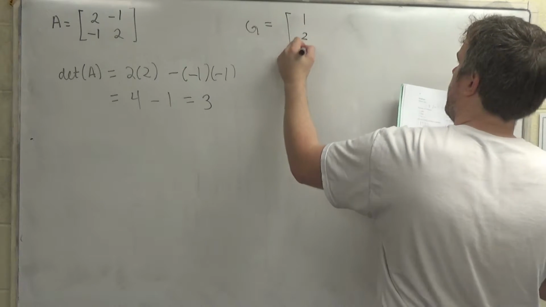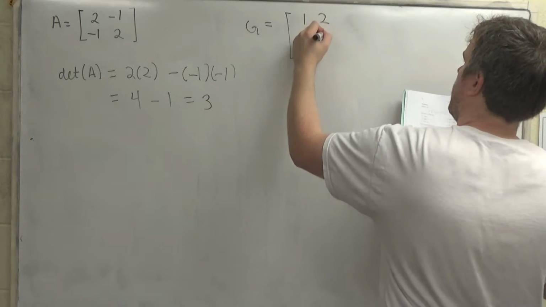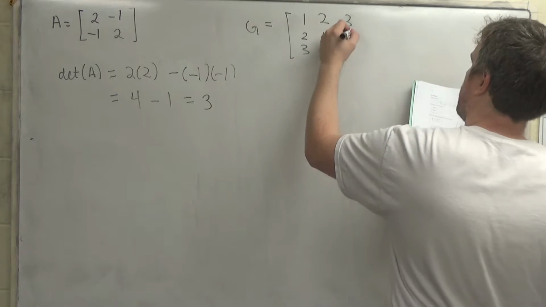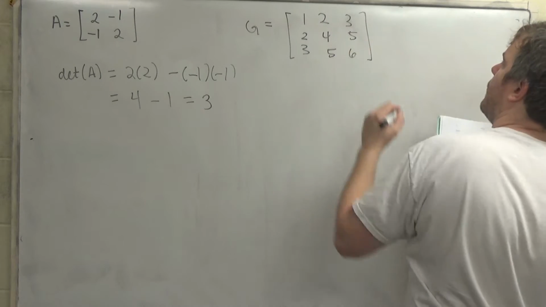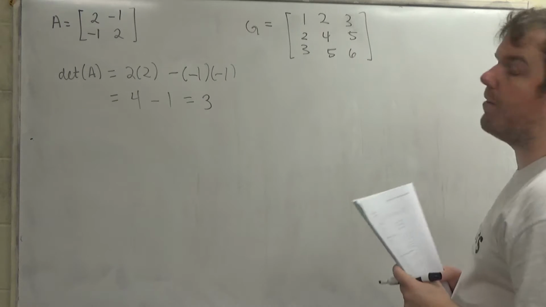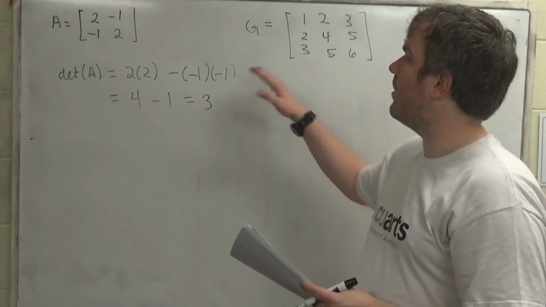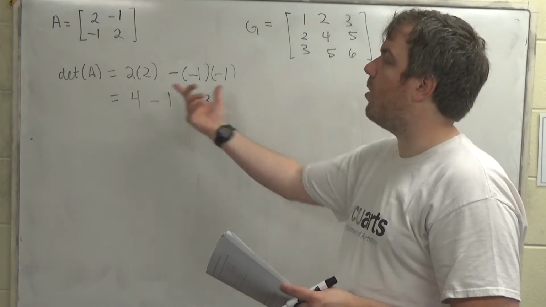It's the 3x3 matrix: 1, 2, 3, 2, 4, 5, and then 3, 5, 6. What we do is we calculate the determinant in terms of the smaller ones.